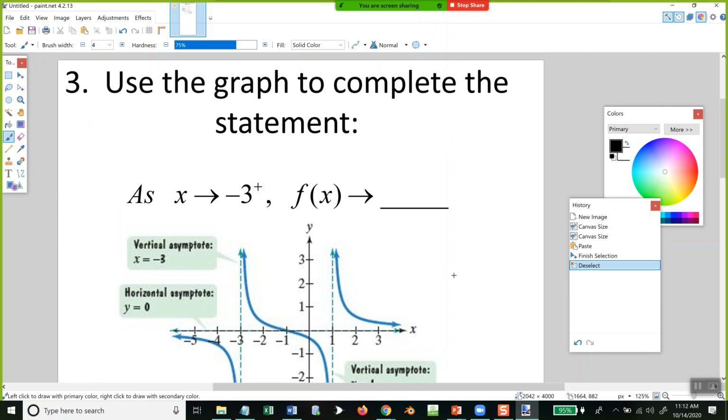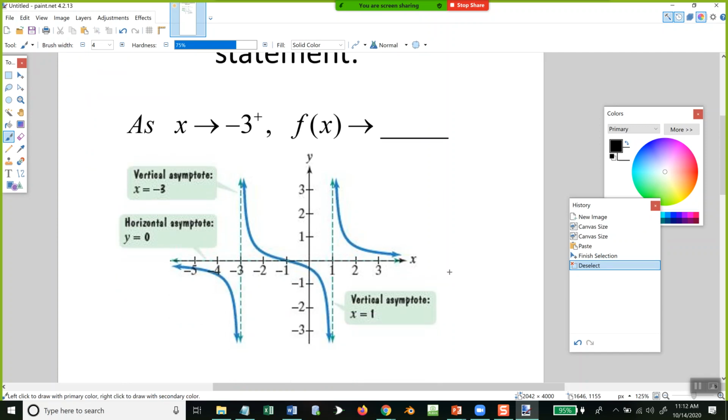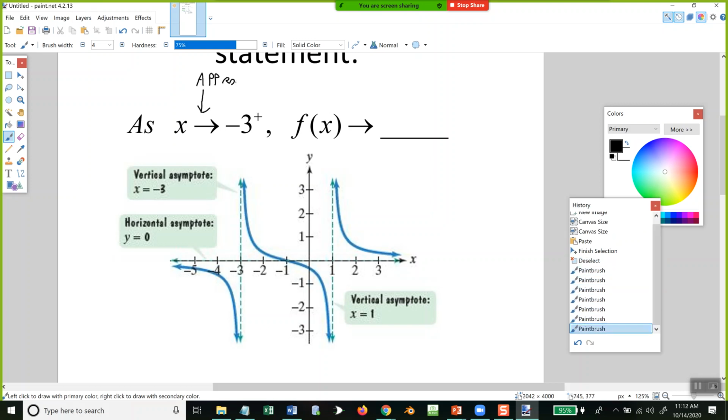It says use the graph to complete the statement. Now this notation here, this little arrow, says approaches. So as x approaches -3, the plus power, what that plus power means is from the right-hand side. So as x approaches -3 from the right-hand side, we're wondering what f of x is approaching.